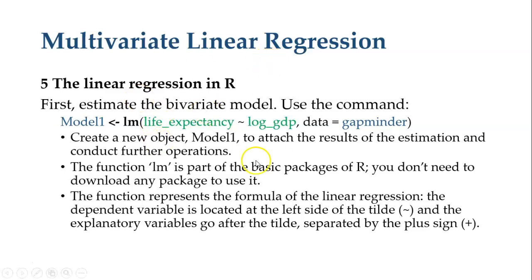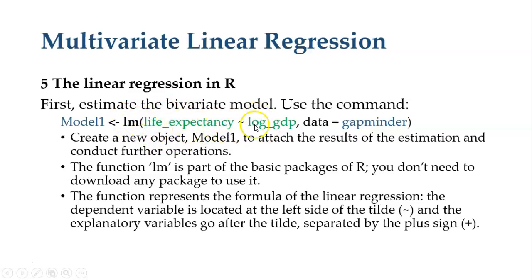What else is important to say here? It is important to notice that the function mimics the formula of the linear regression, okay? On the left side of the tilde, you have the dependent variable, which is life expectancy.